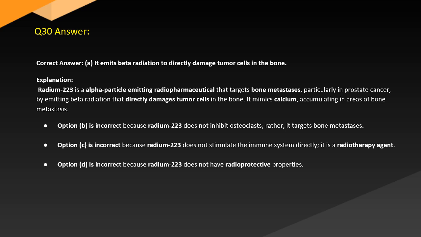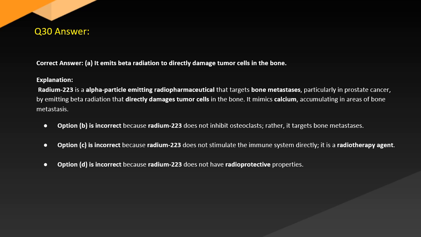Answer. Correct answer A. It emits beta radiation to directly damage tumor cells in the bone. Explanation. Radium-223 is the alpha particle-emitting radiopharmaceutical that targets bone metastasis, particularly in prostate cancer, by emitting radiation that directly damages tumor cells in the bone. It mimics calcium, accumulating in areas of bone metastases.